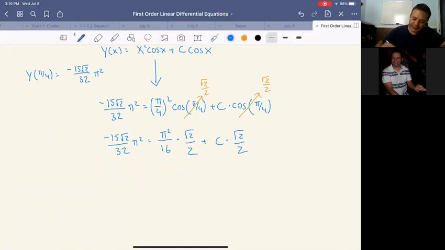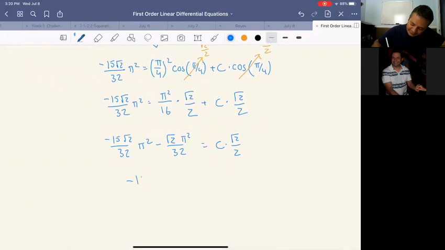Honestly, this part is the hardest part of this problem for me. So negative 15 root 2 over 32 pi squared minus root 2 pi squared over 32 equals c times root 2 over 2.